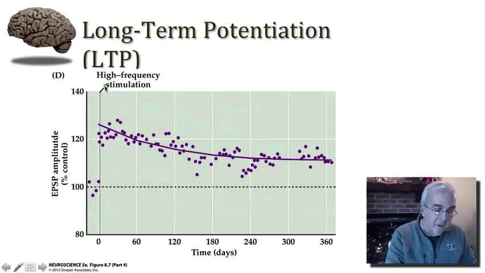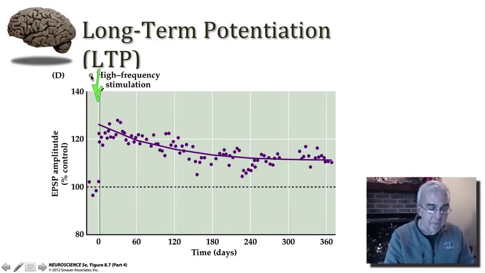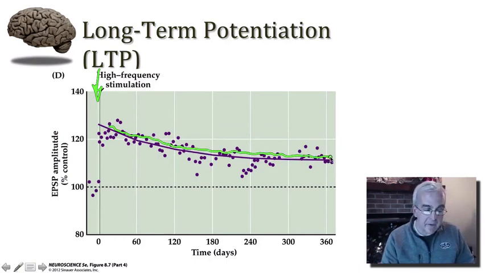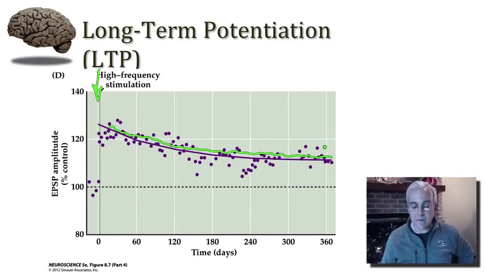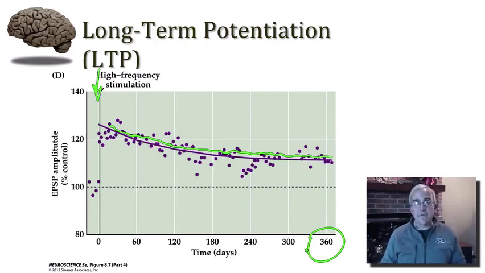Notice that following the application of a tetanic stimulation, there is a significant increase in the amplitude of the excitatory postsynaptic potential recorded in vivo out for about a year's time. So now we're beginning to gain confidence that long-term potentiation may be one means of storing information at the synaptic level across a lifetime.